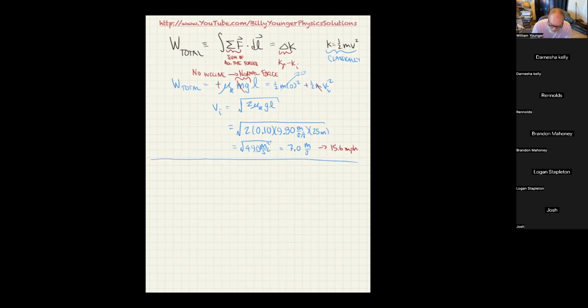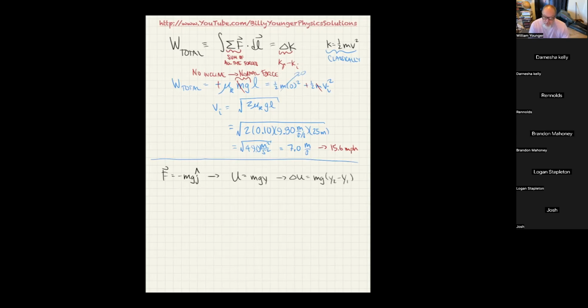When F is equal to negative mg j hat, meaning we're assuming y points vertically upward, therefore gravity points vertically downward along the y-axis, the force of gravity, your weight, is negative mg in the y direction. For that case, what we found is the potential energy was equal to mgy, and the change in potential energy, of course, is equal to mg times y2 minus y1.